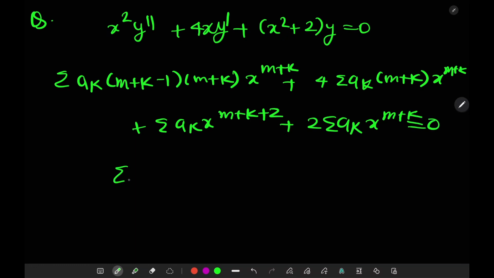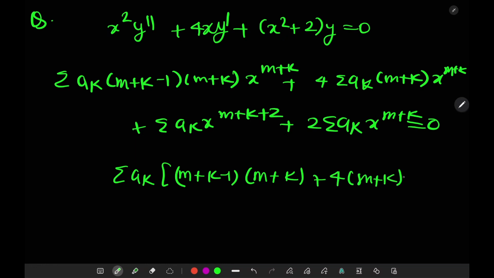On solving, we get summation ak m plus k minus 1 into m plus k plus 4m plus k into o plus 2 plus summation ak x raised to power m plus k plus 2 equal to 0.